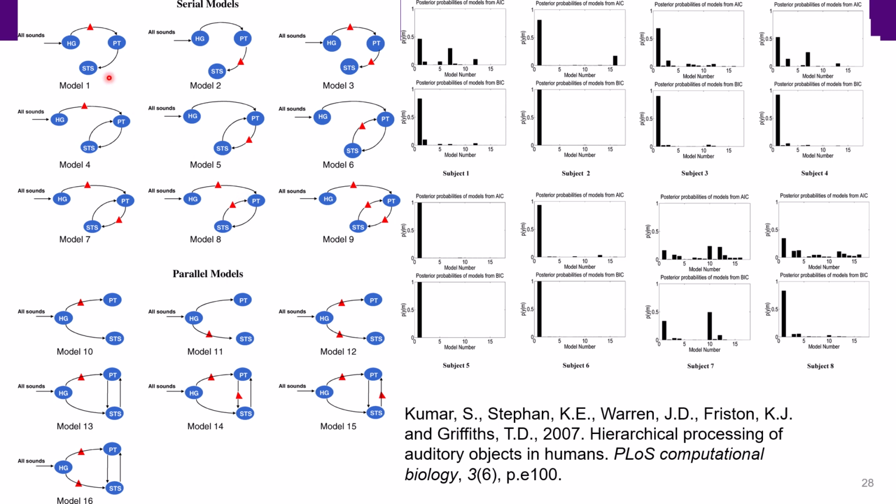And they came up with 16 models with their input here and tested them all using DCM. They did score with AIC and BIC, but mostly, I think, it uses free energy. And we can see at this first level example for individuals, each of these different subjects, that model 1 seems to explain the data the best in most cases.